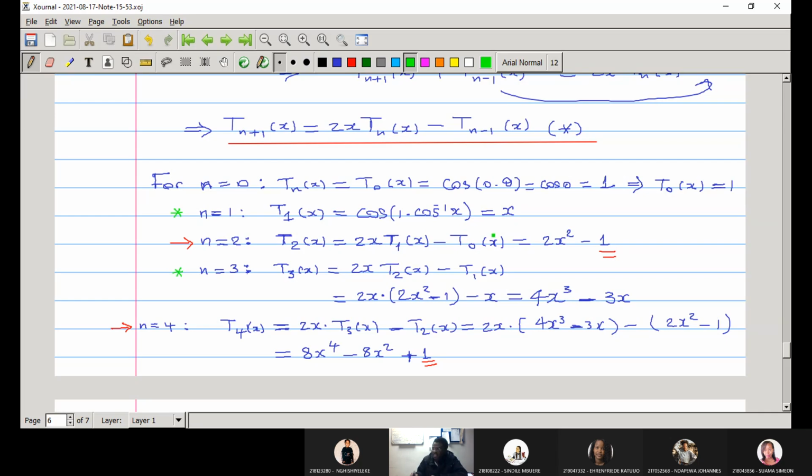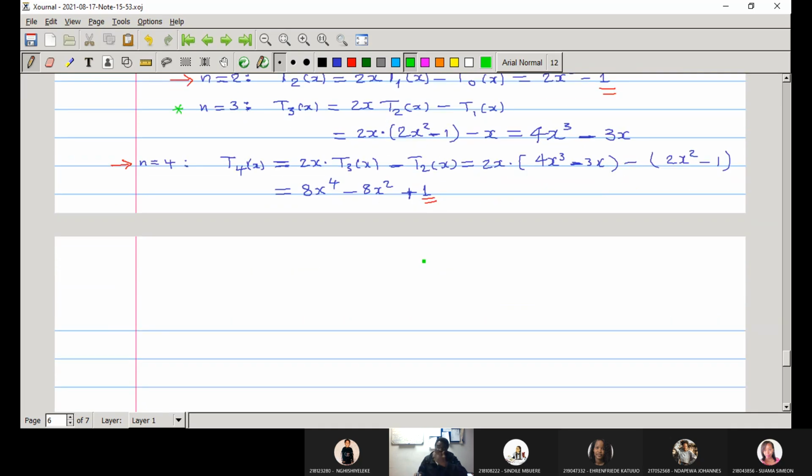And something else is that the leading coefficient of Tn(x), because we know that this is a polynomial of degree n, the leading coefficient will be 2 to the n minus 1, times x to the n.